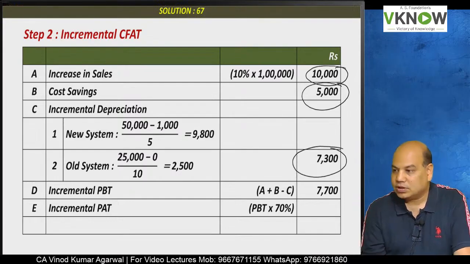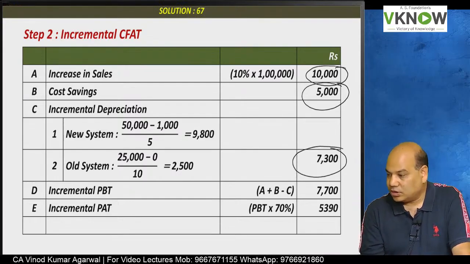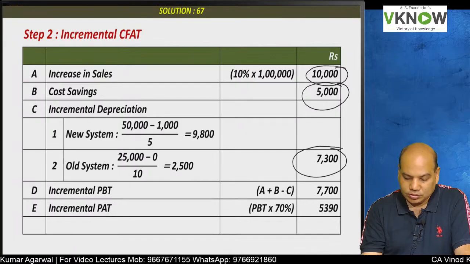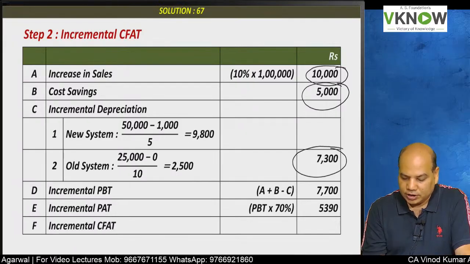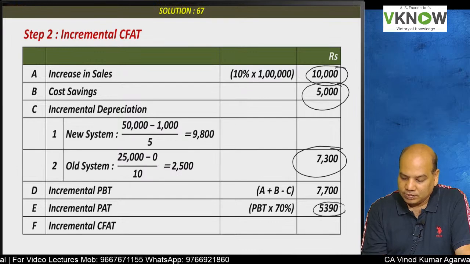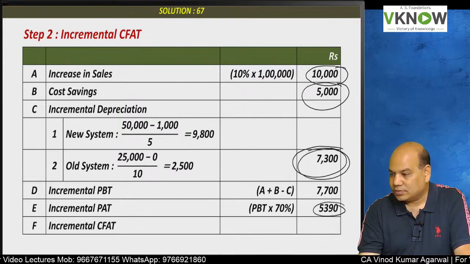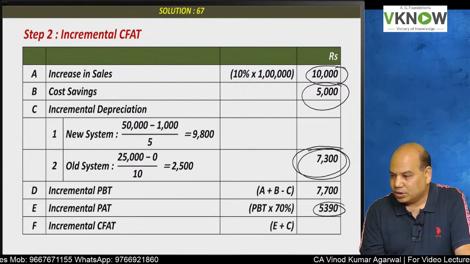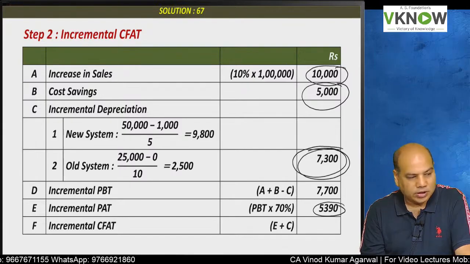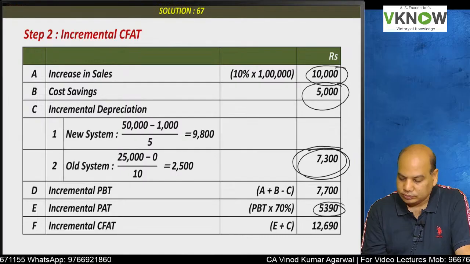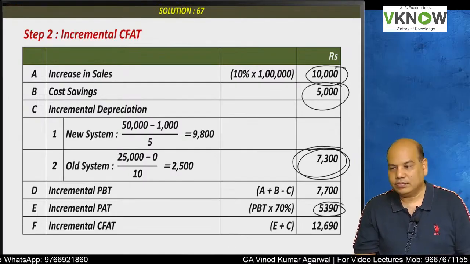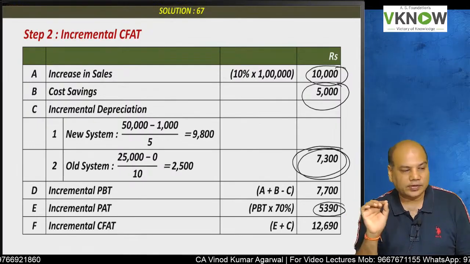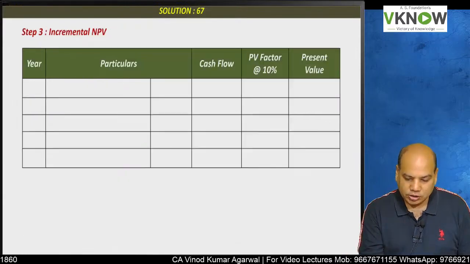Take 70% of 7,700, incremental PAT is 5,390. And for incremental CFAT, you add PAT plus depreciation, E plus C: 5,390 plus 7,300, 12,690. Therefore, we will take 12,690 as incremental CFAT from the new system.